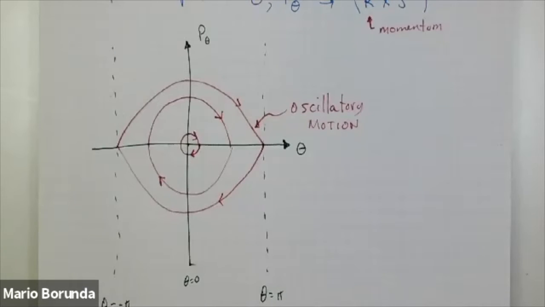If you go at zero momentum over here and you let it go, your pendulum is gonna go all the way down like this. When it reaches this point, it's going super fast at zero angle. And it's gonna continue with the same momentum until it reaches the top, which is the pi.